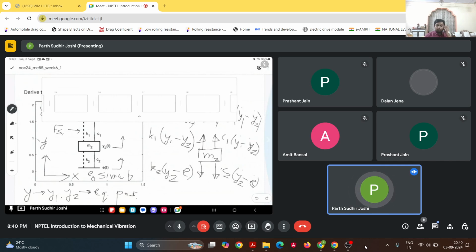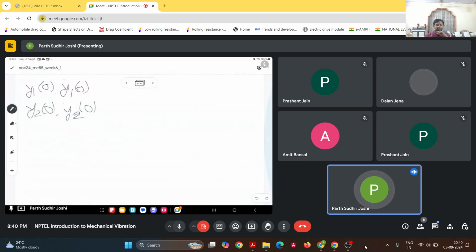My intention for going through this theoretical derivation was to give you a fundamental approach to solve any multi-degree of freedom system problem analytically: first start with the free body diagram, then derive the equations of motion, write them in matrix form, and then analyze the solution in two parts.